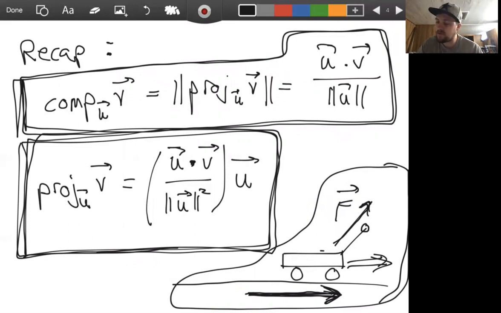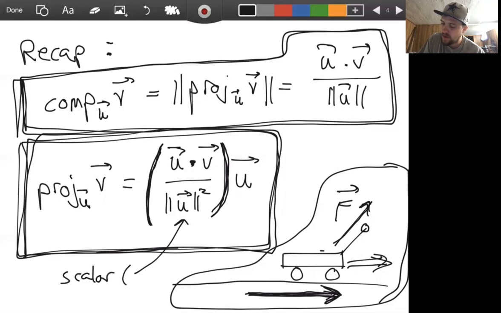And so all we have to do when calculating, like on the homework, is calculate this number, and then we multiply the vector u by that number, right? This is all a scalar, i.e. a number. And so when finding projection vectors, the heavy lifting is calculating whatever the scalar is going to be. And then you just multiply it by the vector u that's already given, and you're good to go.